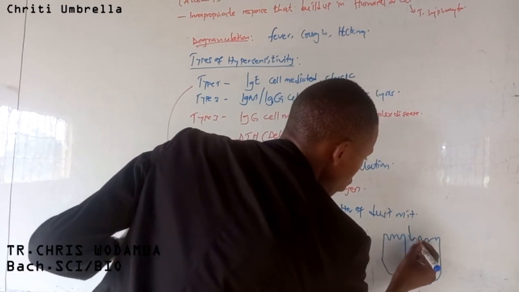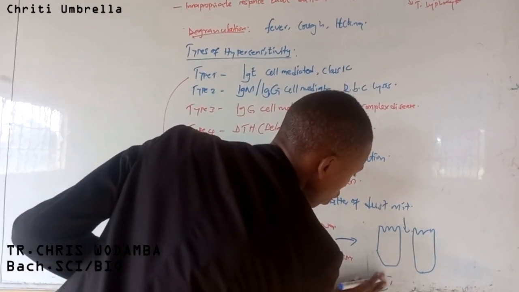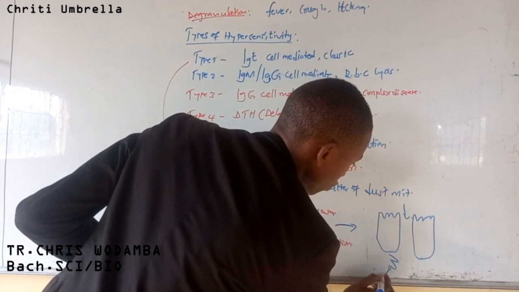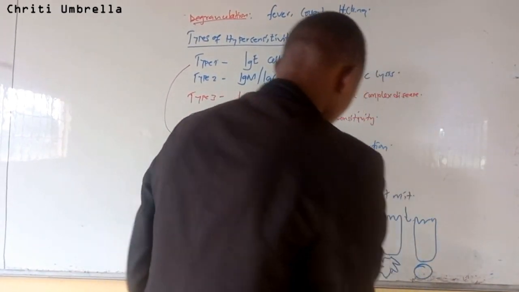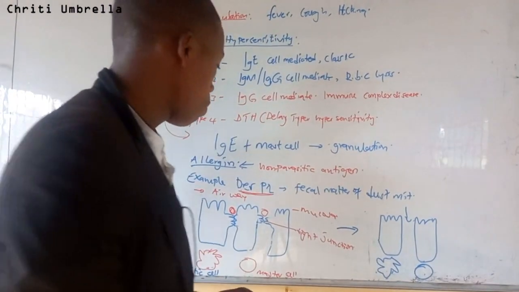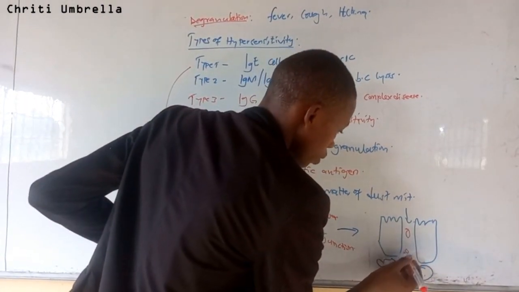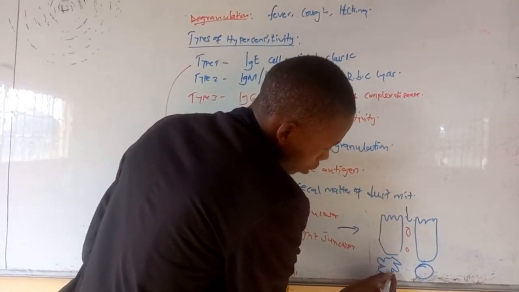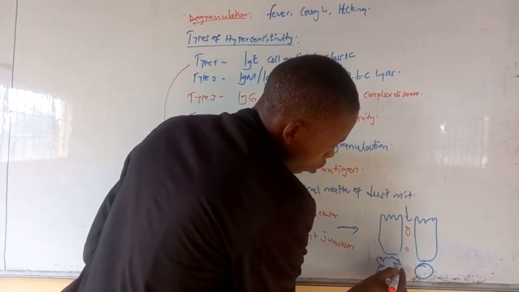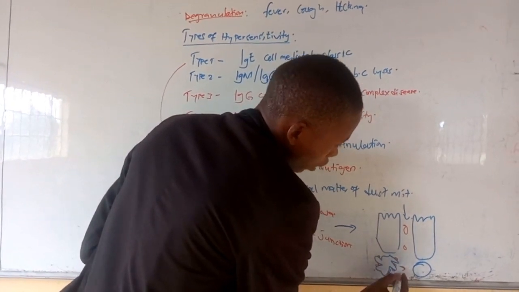In this route, this is where the antigen will be passing, and once they enter inside, they will bind to the dendritic cell to be presented.